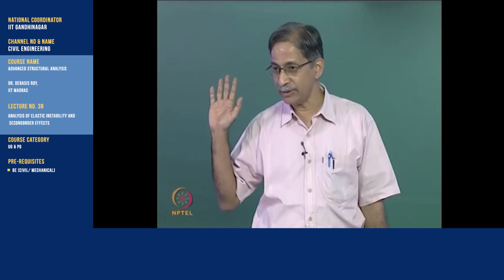Is it a sinusoidal shape, etc.? It does not tell you anything more than that, which means it tells you, let us say, the mid height of the column, what is the deflection in relation to the top. Those ratios are maintained. That is what we call a mode shape, and the first mode shape looks like this.